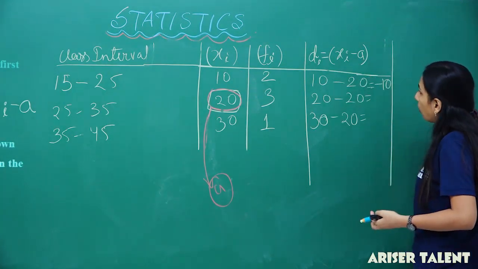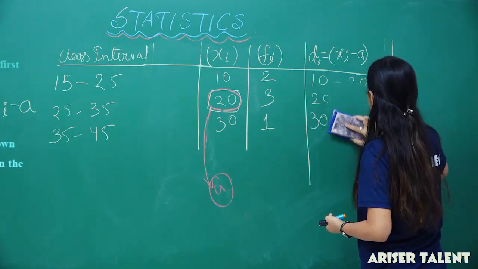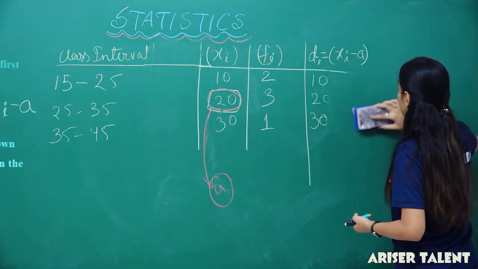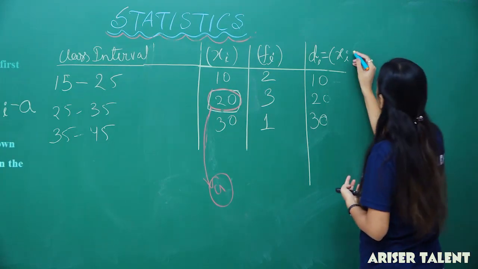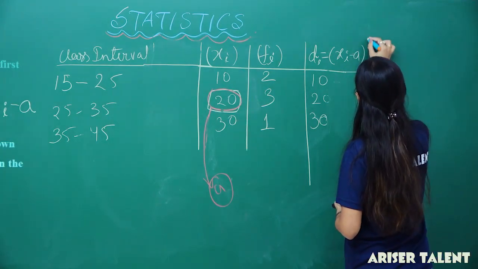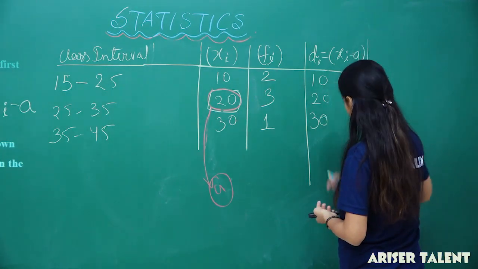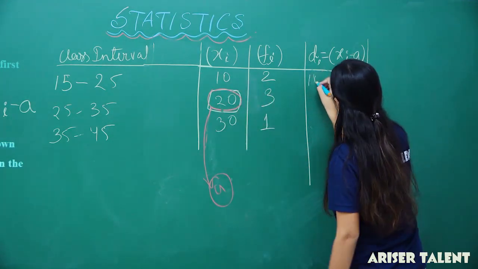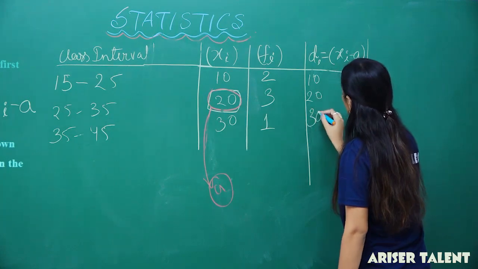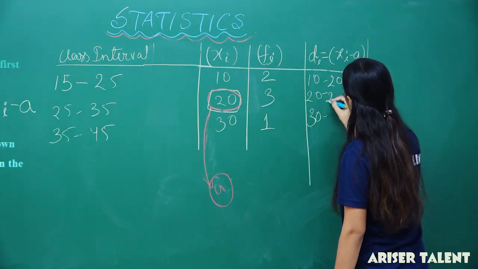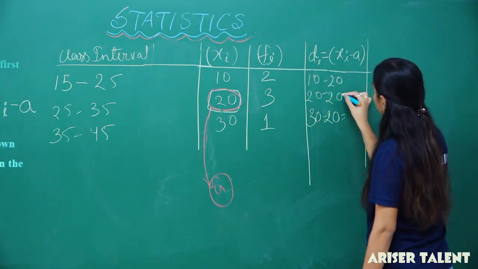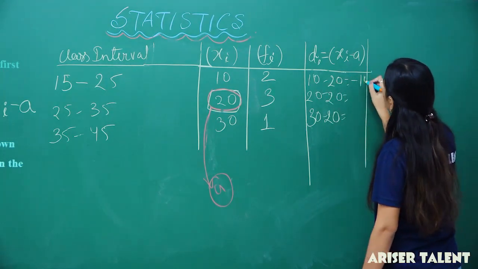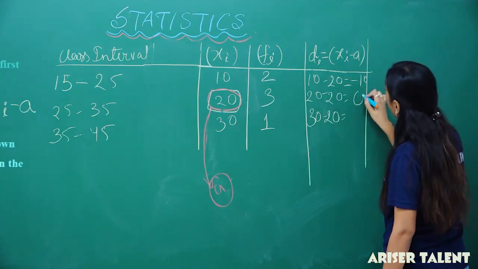The values 10, 20 and 30, minus 20 from all, will give me minus 10 here, and here 0.